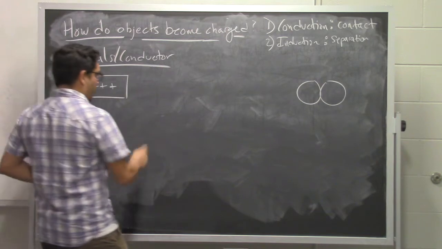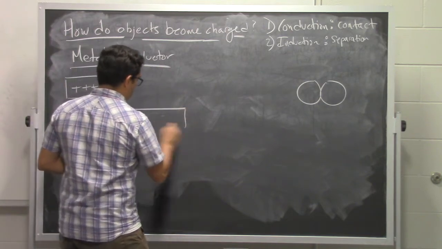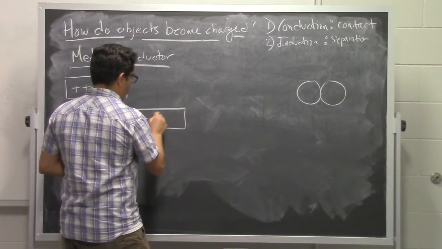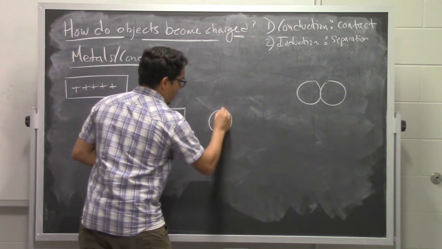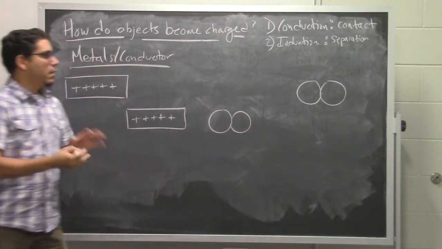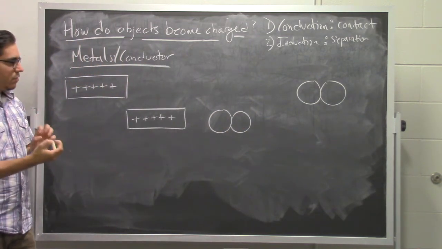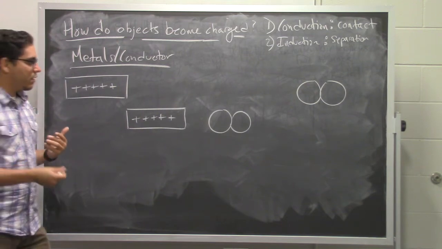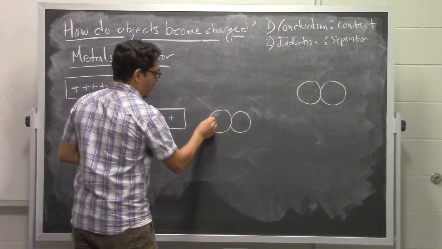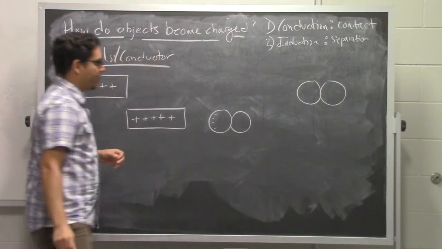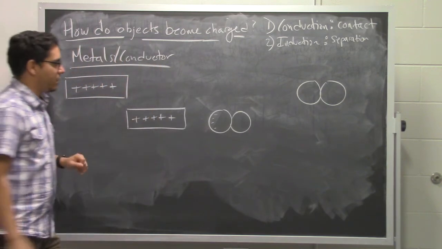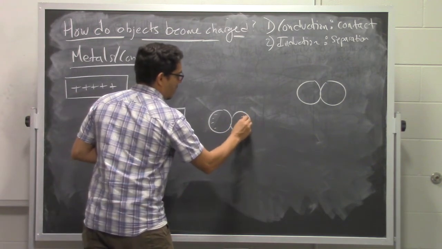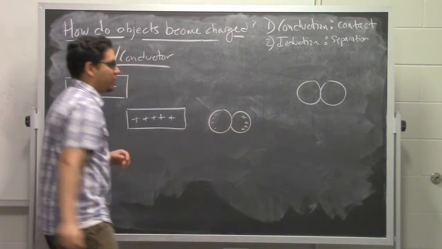We bring these two objects close to this charged object, and because they're metals, because they're conductors, the electrons can move around very easily, and so the electrons tend to migrate over here closer to the positively charged object, leaving behind positively charged atomic cores.